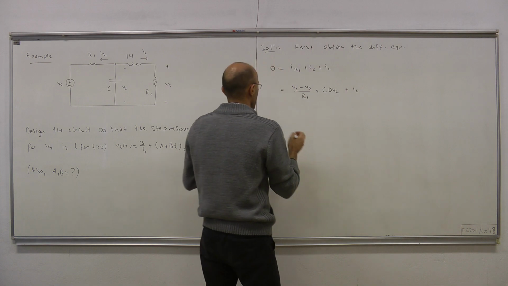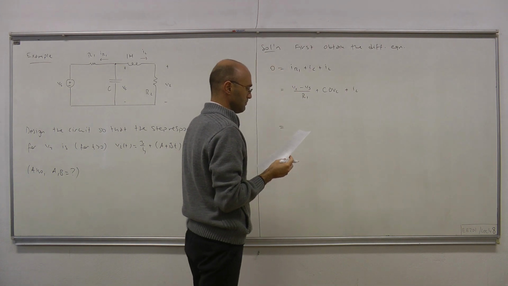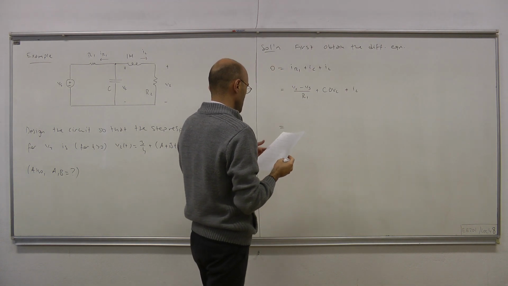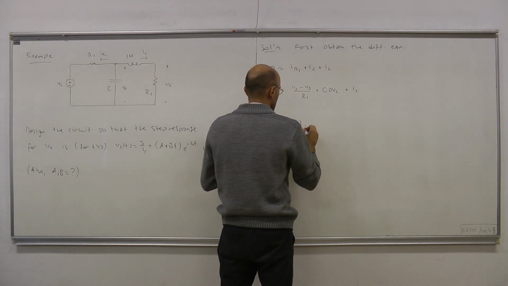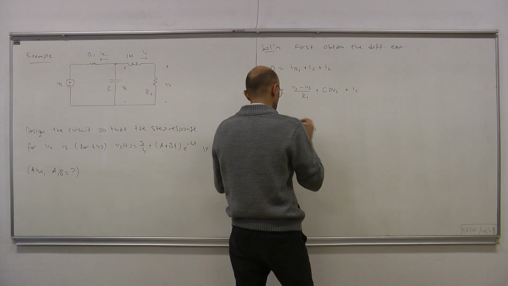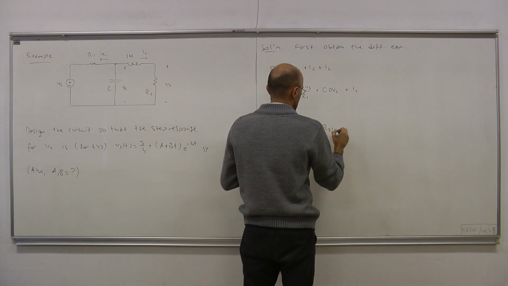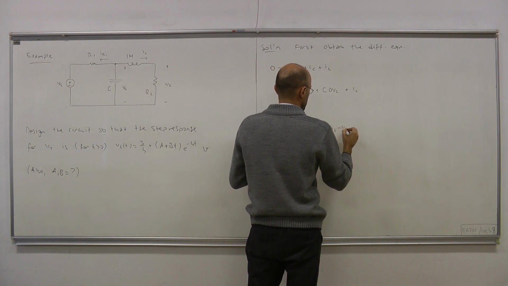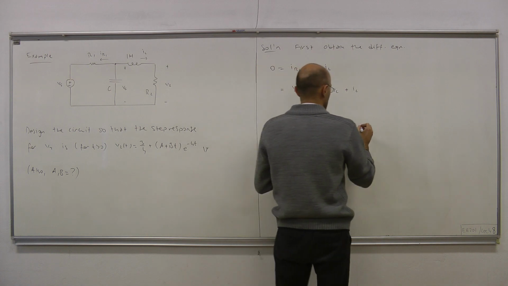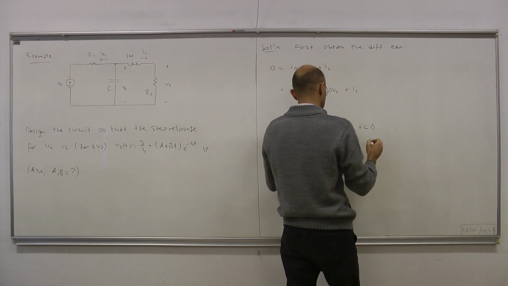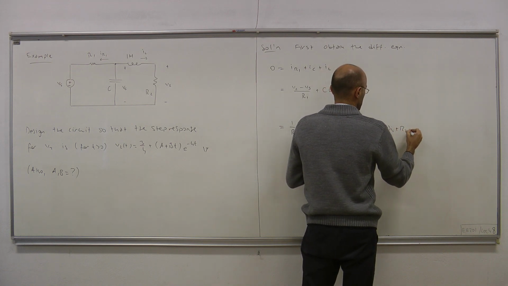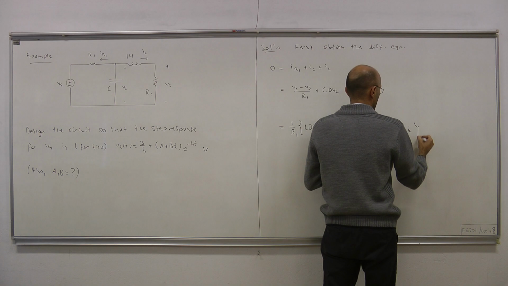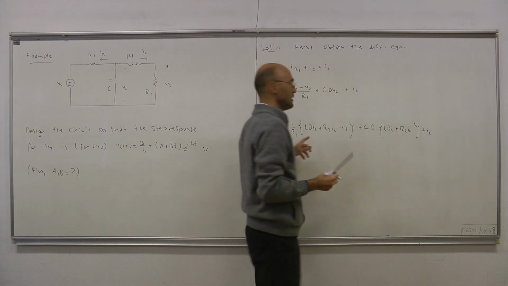Okay. And then that equals, what? We can write the following: 1 over R1 times (L dIL/dt plus R2 IL minus Vs) plus C d/dt (L dIL/dt plus R2 IL) plus IL equals 0.